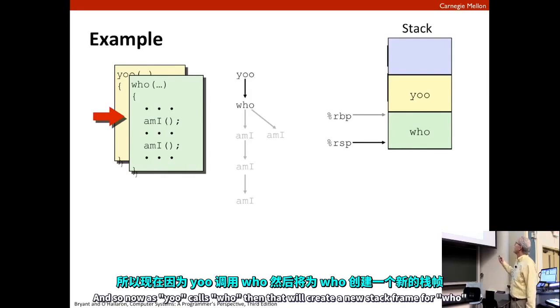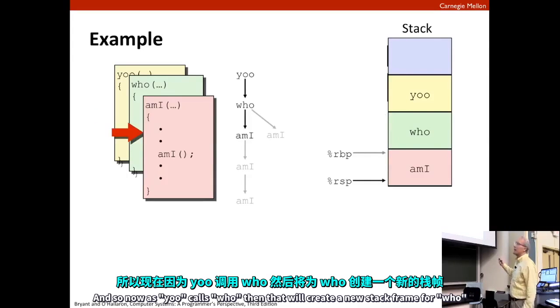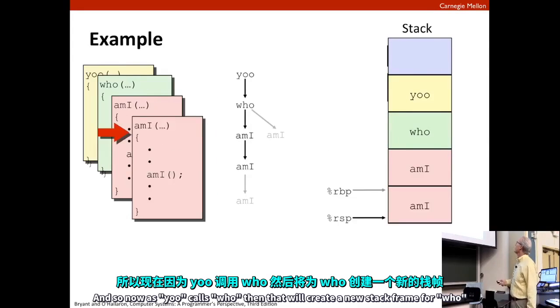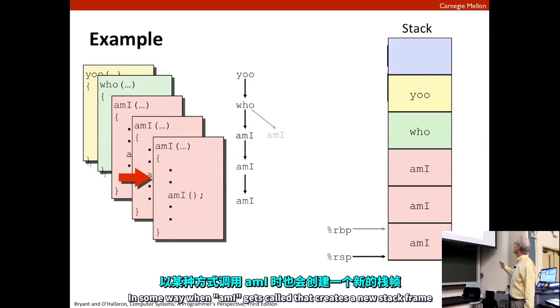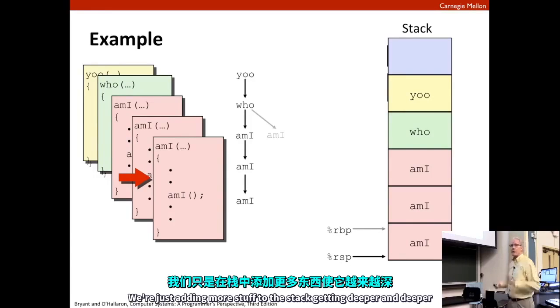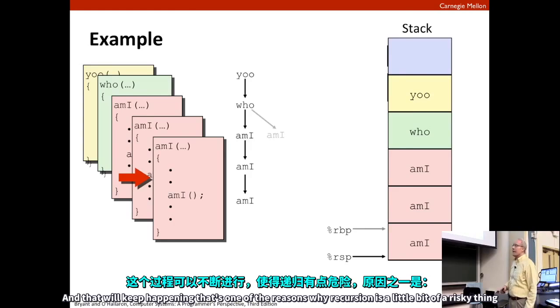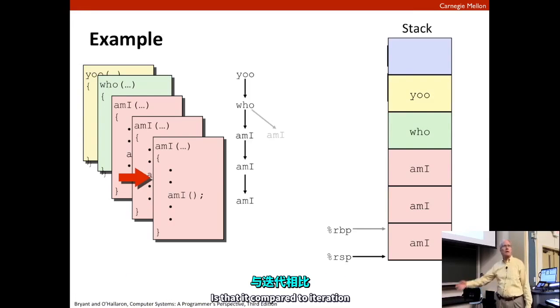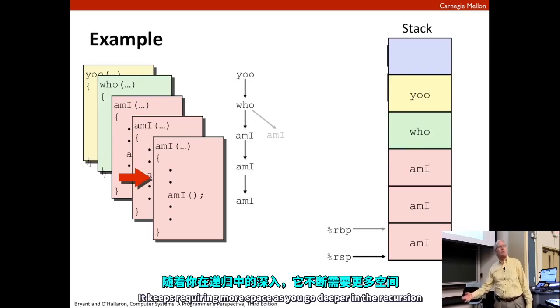And so now as U calls who, that will create a new stack frame for who. And similarly, when MI gets called, that creates a new stack frame. And as we continue with these recursive calls, we're just adding more stuff to the stack, getting deeper and deeper. That's one of the reasons why recursion is a little bit of a risky thing, that compared to iteration, it keeps requiring more space as you go deeper in the recursion.